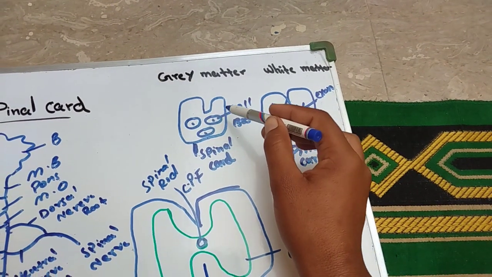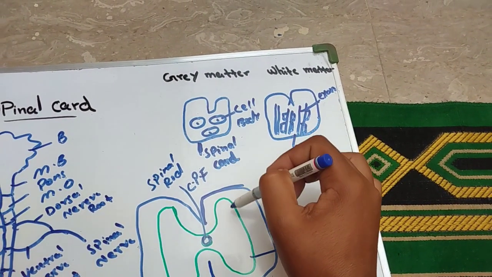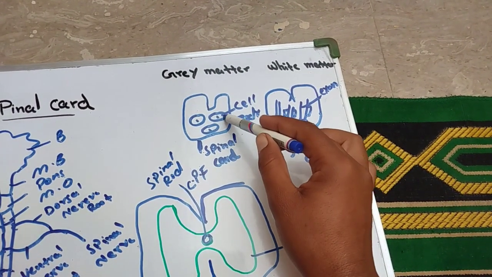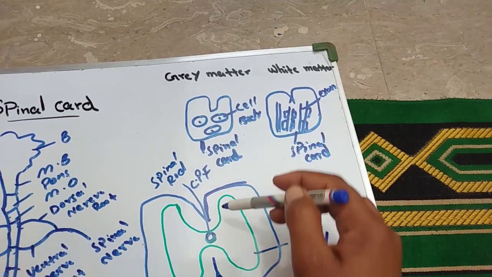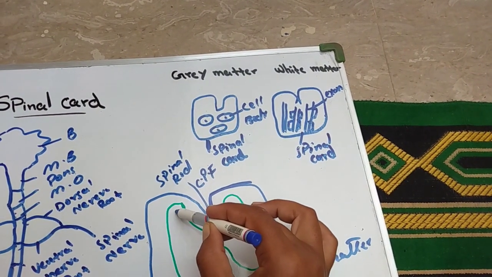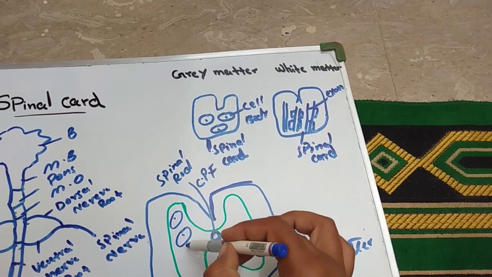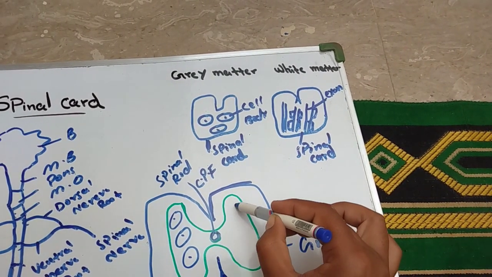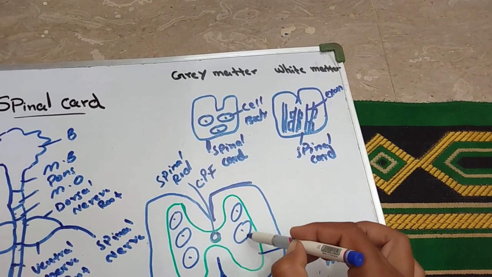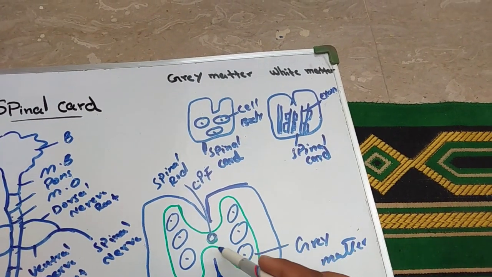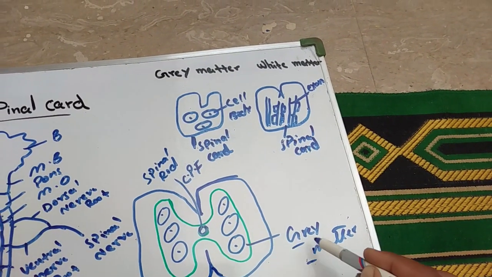I have discussed gray matter in a previous video. It is the area of the spinal cord that consists only of the cell bodies of neurons. This area is called gray matter.